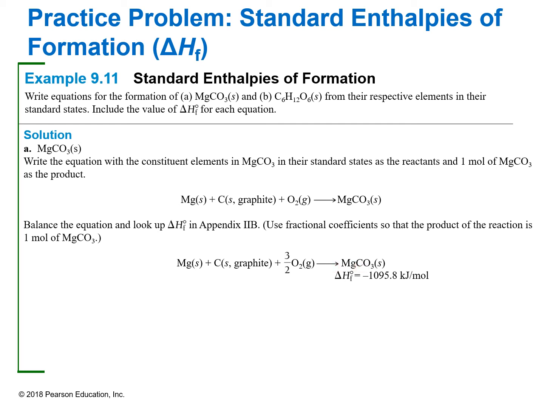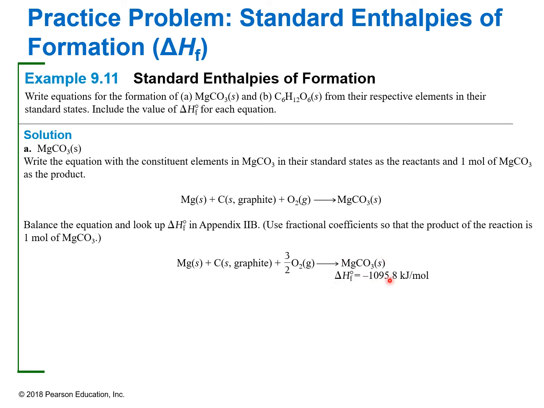But when we are dealing with enthalpy, our enthalpy value is going to be coming in at kilojoules per mole. So when we're looking at the formation of our product, we need to make sure that what we have is 1 mole of our product. So in this case, we're going to leave that fractional coefficient because by leaving it there, we have 1 mole of our product.